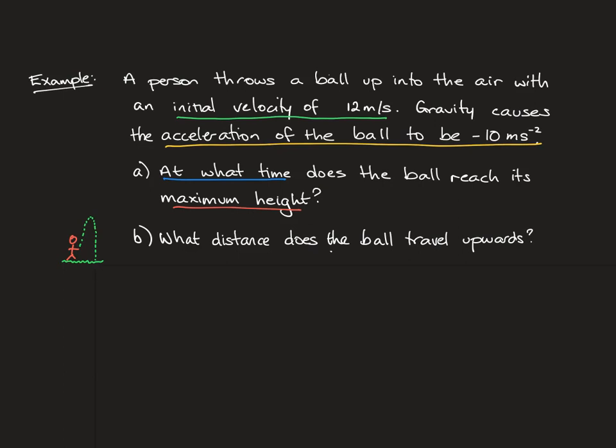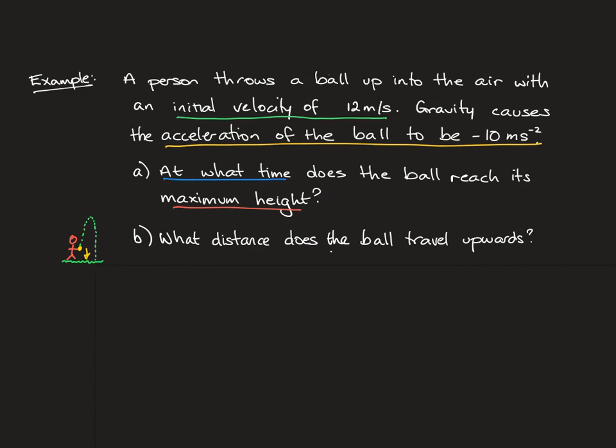So when they initially throw the ball up at this point here, the velocity is 12 meters per second. And then gravity is pulling on the ball the whole time, and the acceleration is minus 10 meters per second squared, in this direction.